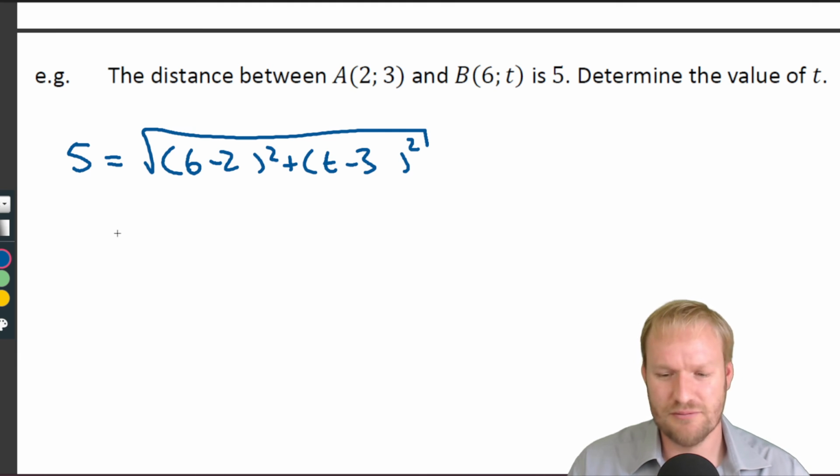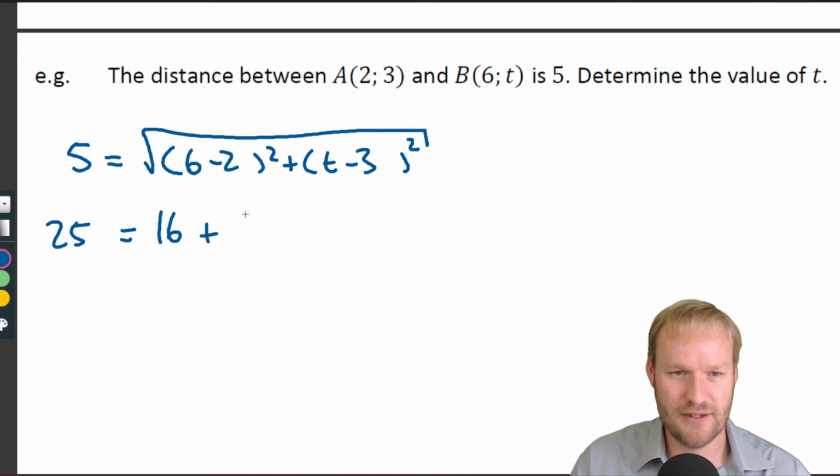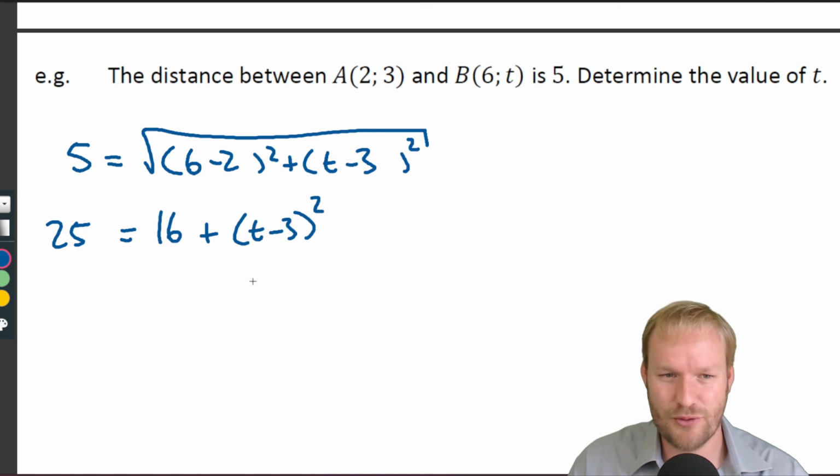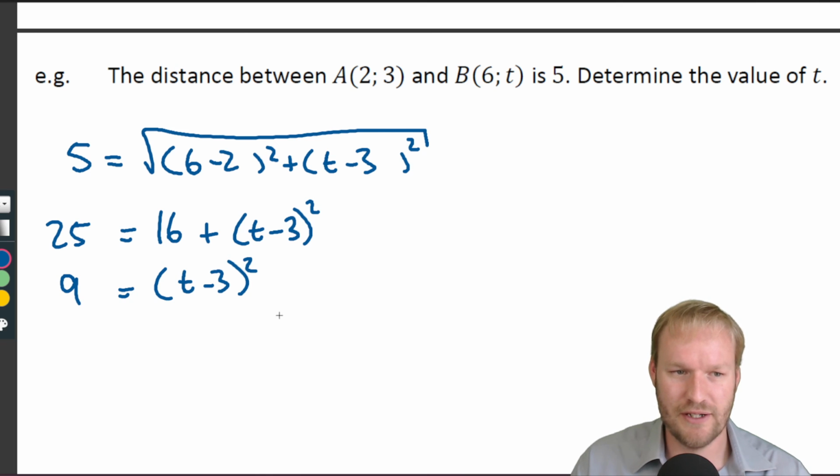Okay, well, go for it, pause, solve, but I'm going to carry on merrily here. I'm going to square both sides. And at the same time, 6 minus 2 is 4. 4 squared is 16, plus t minus 3 squared. I'm not going to square that out. I'm going to subtract 16 from both sides. 9 equals t minus 3 squared.